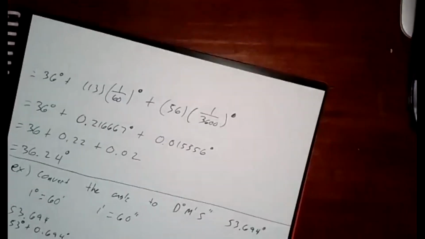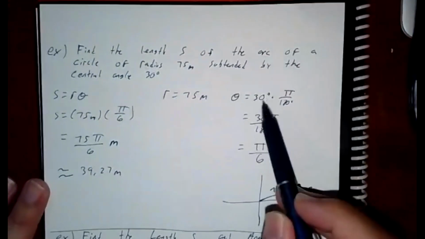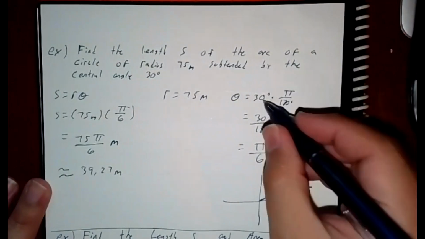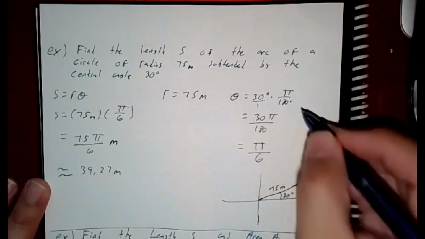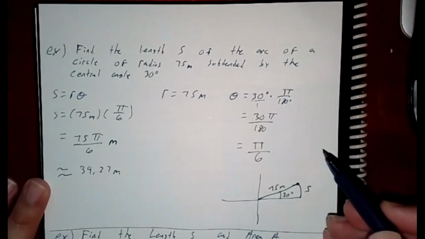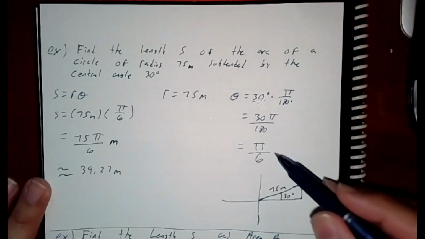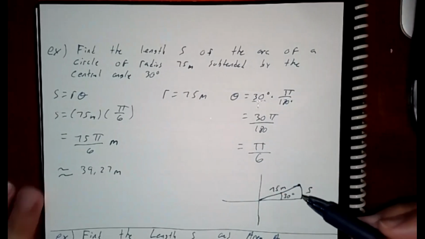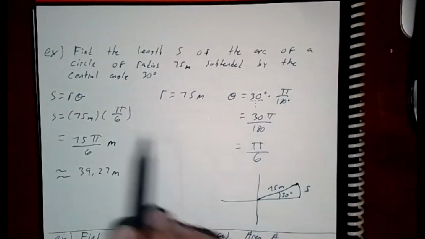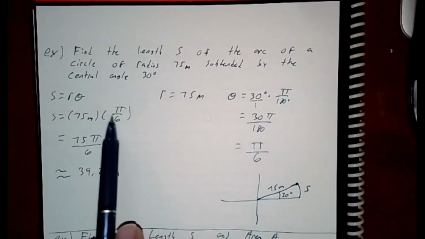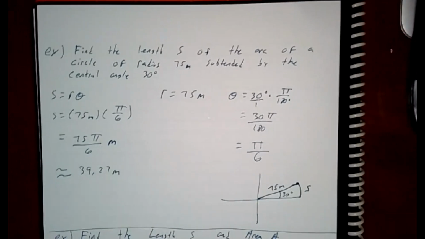So we had 30 degrees. So multiply that by pi over 180. All right, so this is over 1 technically. So you just multiply across. Degrees cancel. 30 over 180 reduces to 1 over 6, so pi over 6. Once it's in this form, you can plug it into the formula. Otherwise, you can't use it. You cannot put 30 degrees in here. It's going to come out wrong.